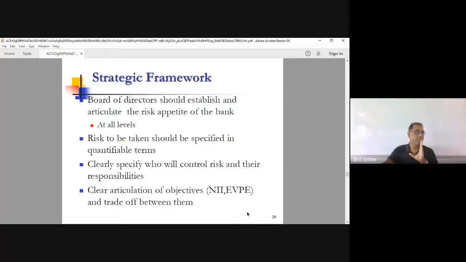And it has to be clearly defined as to who controls that decision and risk and why you're doing what you're doing. So that is why sometimes people get frustrated with their organizations because they can't take the same amount of risk that somebody else is taking, because that guy might have a good logical reason for doing it, and you feel, look, I need to do the same thing, but my board is not allowing me to do it, or my ALCO is not allowing.